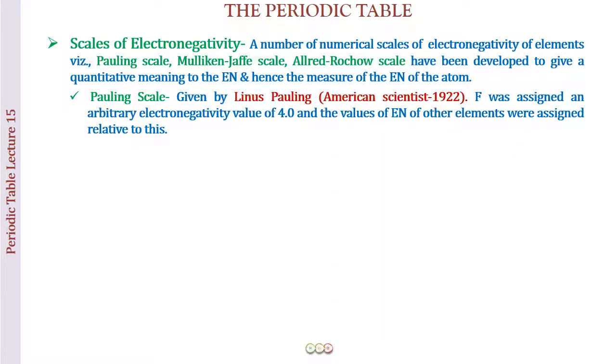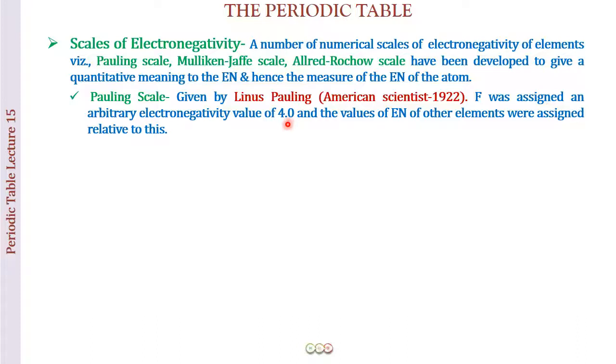The first scale we have is the Pauling scale, because this is the most frequently used scale, and this was given by Linus Pauling in the year 1922, and he was an American scientist. What he did was that he assigned fluorine an arbitrary electronegativity value of 4.